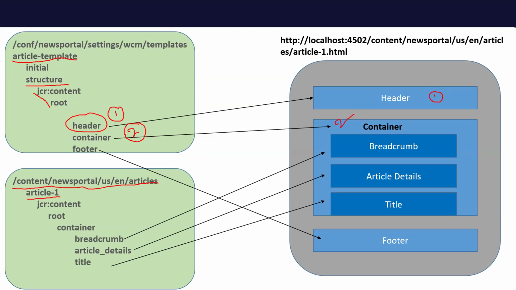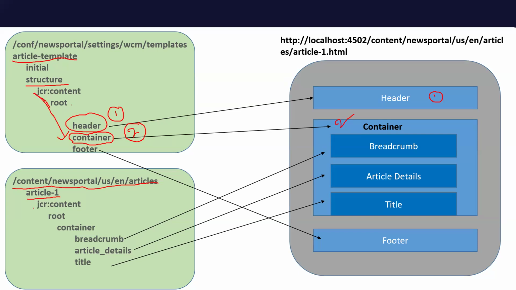But this container component is an unlocked component. We have unlocked this component to add the page level content. If you remember, just 10 minutes ago, we unlocked this container to add the page level container. If any component is unlocked at template level, it will check the same content node at page level, in the same hierarchy, jcr:content, root, and container.